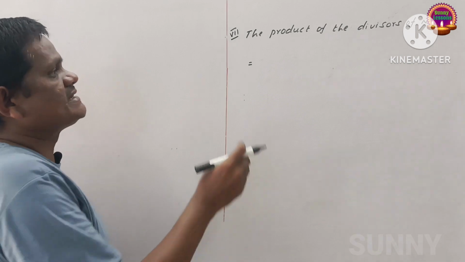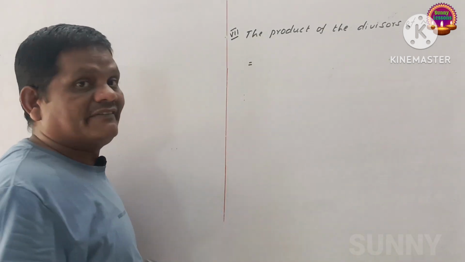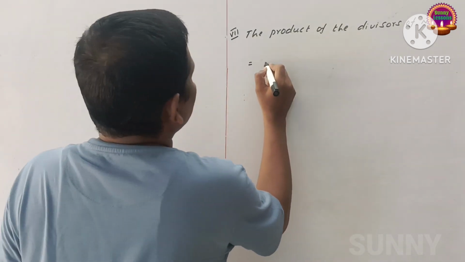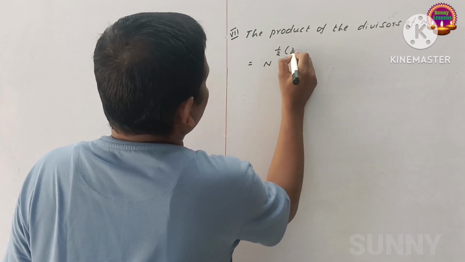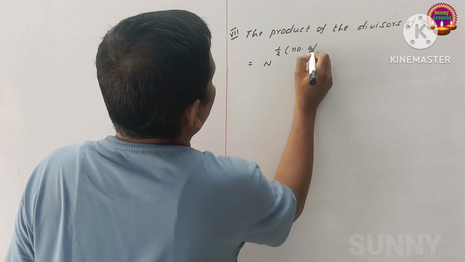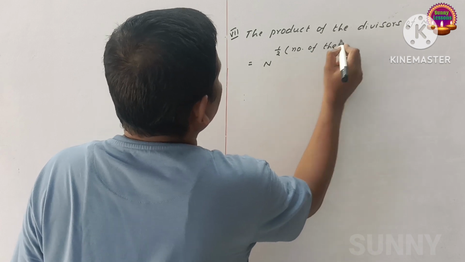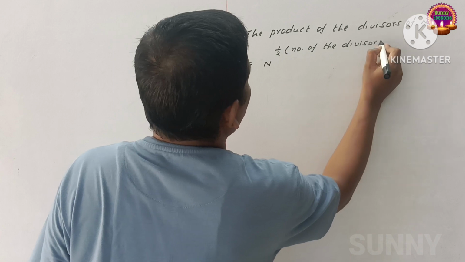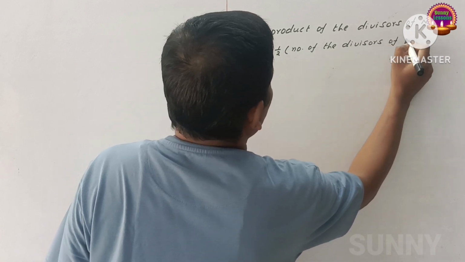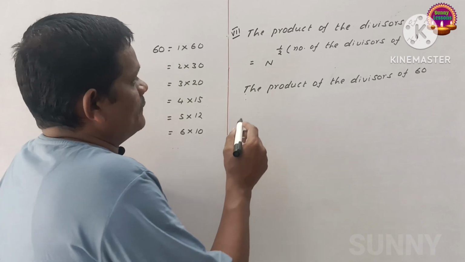Yes, the seventh point is the product of the divisors of n, which is equal to n to the power of 1 by 2 into the number of divisors of n.